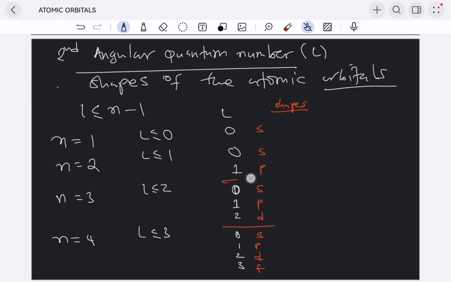So those are the respective sub levels. So these are called sub levels. So this is the relationship between the principal quantum number and the angular quantum number.